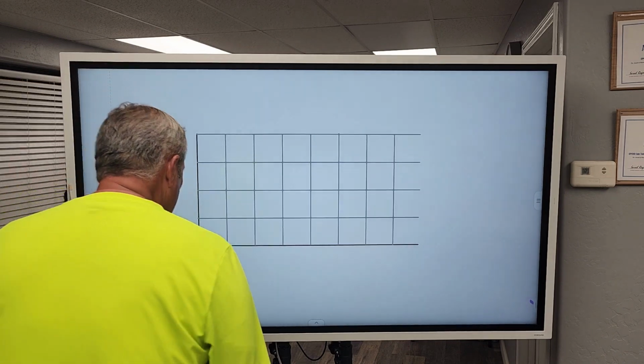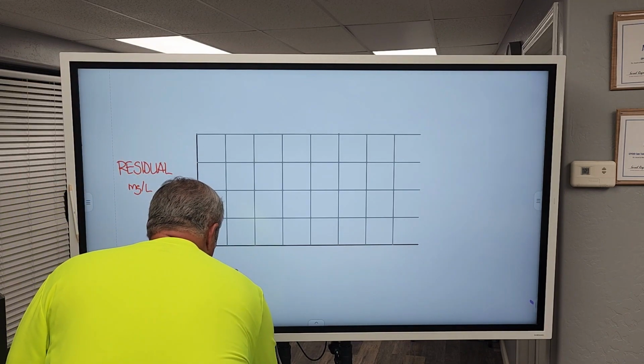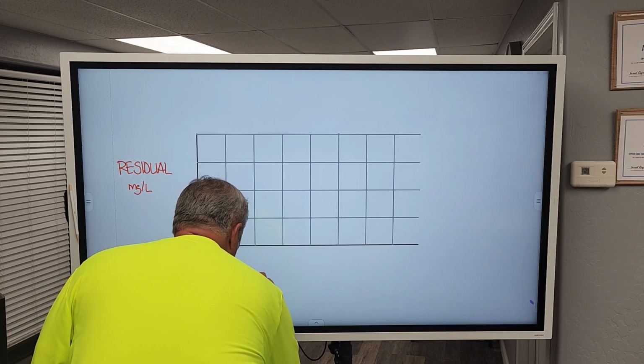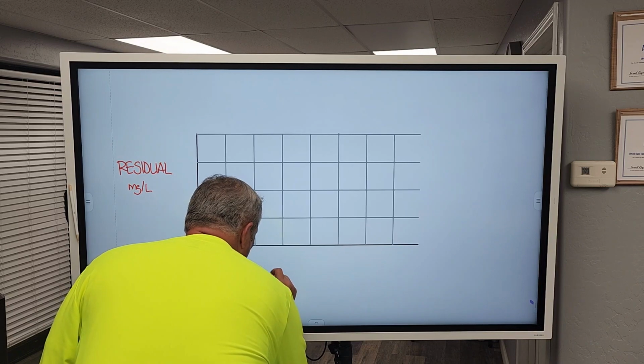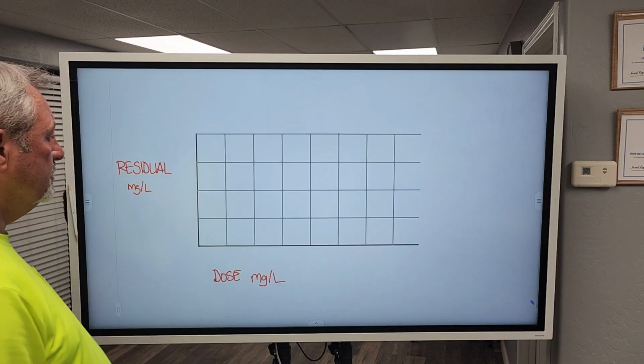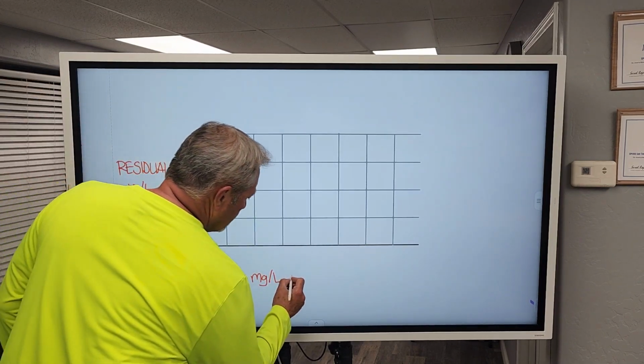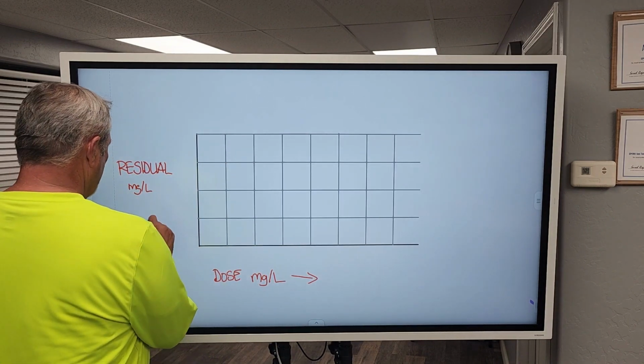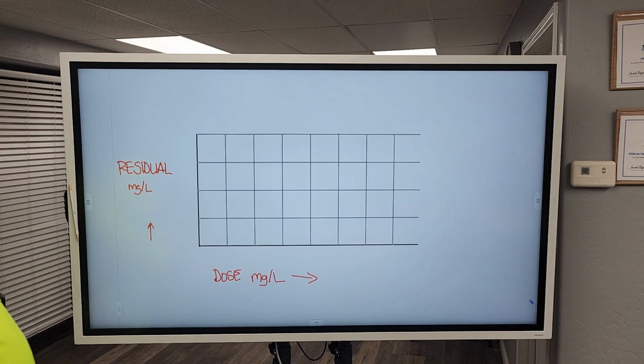Over here, we have the dose. So along this x-axis, we're doing dose. Along this y-axis, we're doing residuals.